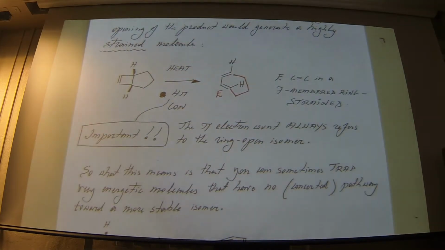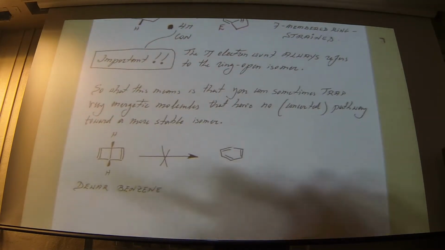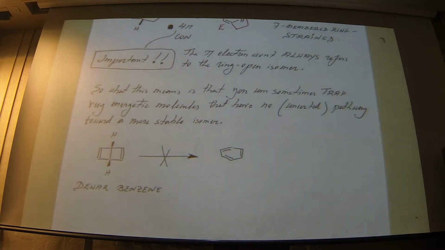So what this all means is that you can sometimes trap very energetic molecules that have no concerted pathway for ring opening. They always can undergo radical reactions. You put enough energy in there, and you bias the molecule to undergo a homolytic cleavage. So it can always do a homolytic cleavage, give you a diradical, and react via the diradical. That can always happen.